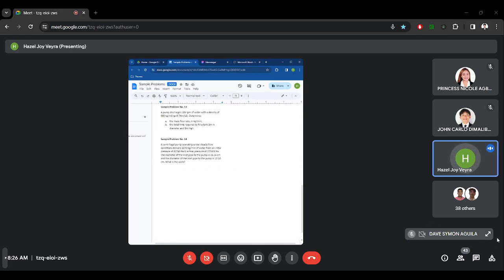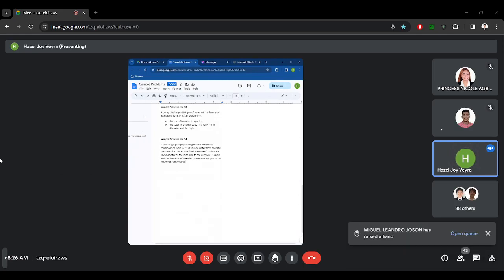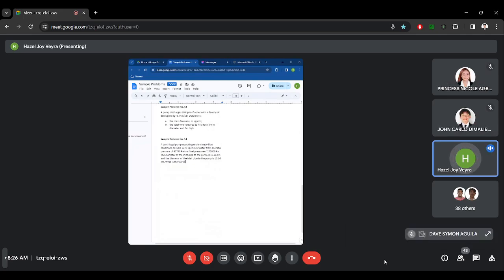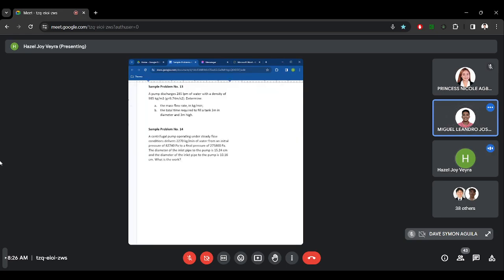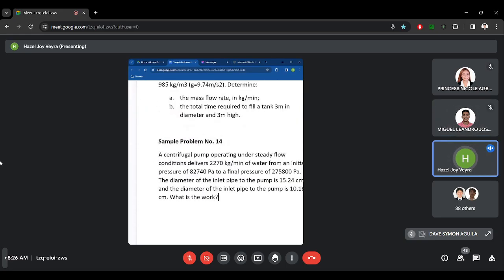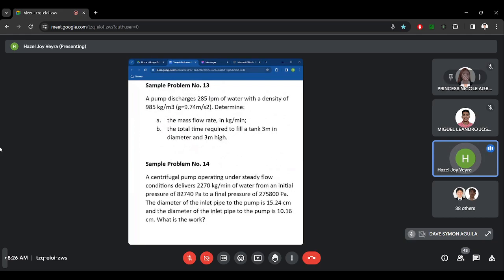So far, may katanungan po from the class? Yes, Mr. Miguel? Ma'am, pwede po pa-zoom ng konti kasi hindi po masyadong mabasa. Sorry. Ay, ito, ibibigay ko naman yung copy sa inyo. Itong word mismo.